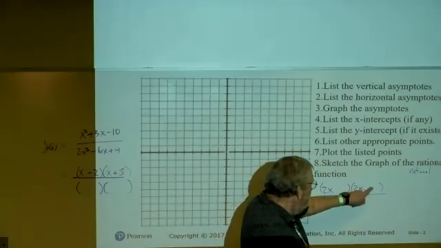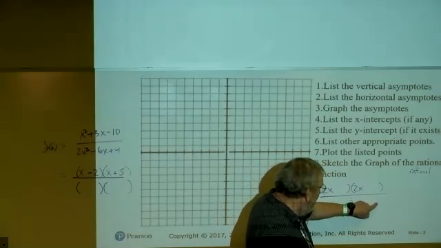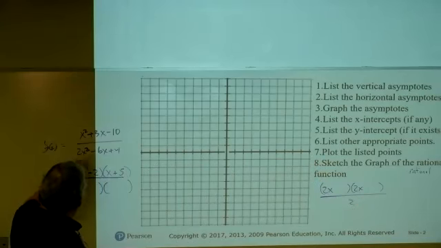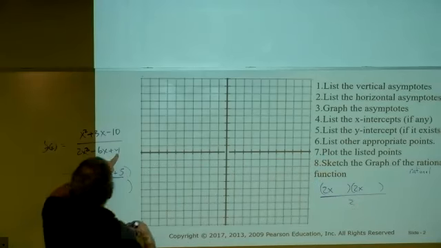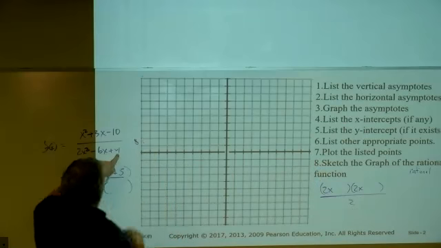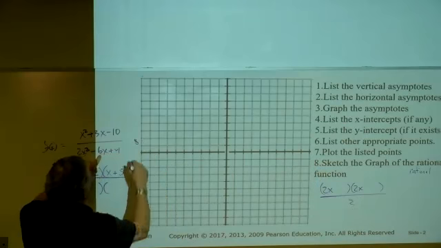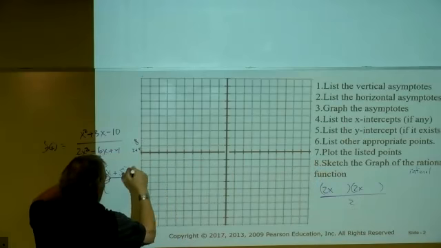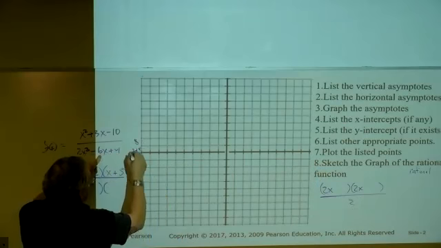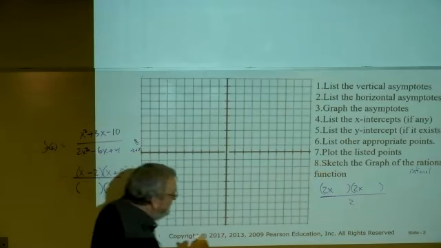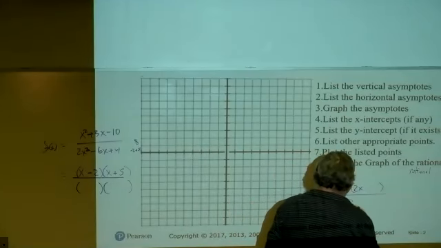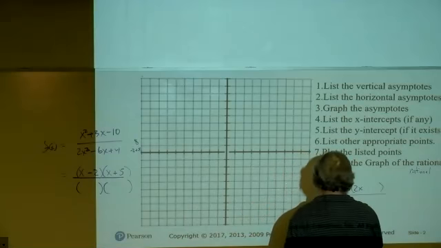That means one of these two binomials, 2 will divide quite nicely. So now I'm going to do 2 times 4, which is 8. The factors of 8 that add to 6 are 2 and 4. But to get a negative 6, they both need to be minus.